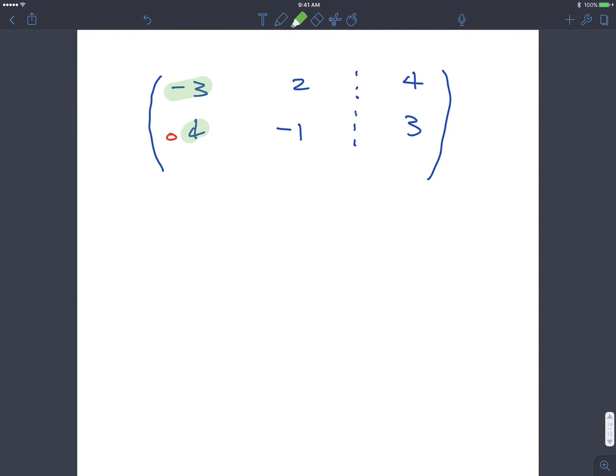But that's fine. That's okay. Here's what we're going to do.